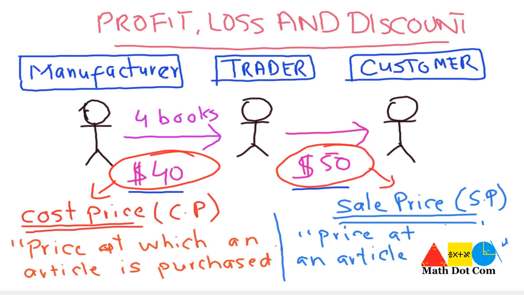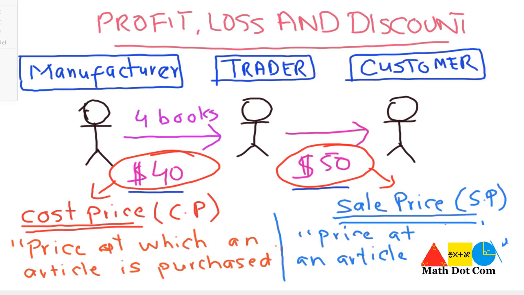So the cost price of the 4 books, that is, the price at which the trader has purchased the article from the manufacturer, is $40, and the sale price is the price at which the trader has sold the article to the customer. So here we have got the concept of sale price and cost price.